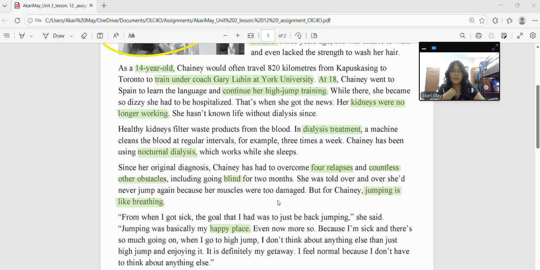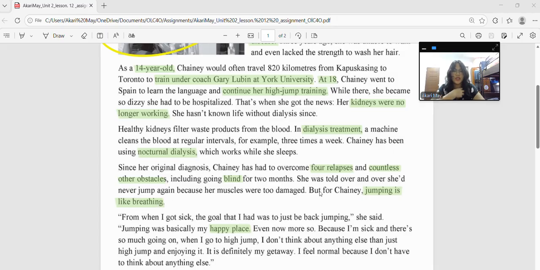So I have already said that the time or the numbers or the age are the most standing out for me. These show how she's been going through a lot of obstacles and dramatic changes or turning points of her life. And then jumping is like breathing for her.